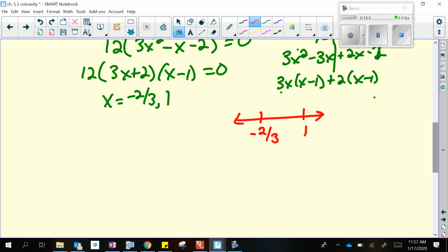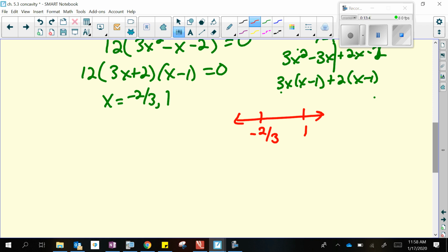My second derivative test says that if the second derivative is positive for any number in this interval, then the slopes of the tangent lines will be increasing and it will be concave up. And this interval and that interval. So the same kind of thing. We're just going to pick a number, plug it into the second derivative, see if it's positive or negative, and that'll tell us the concavity of that interval.